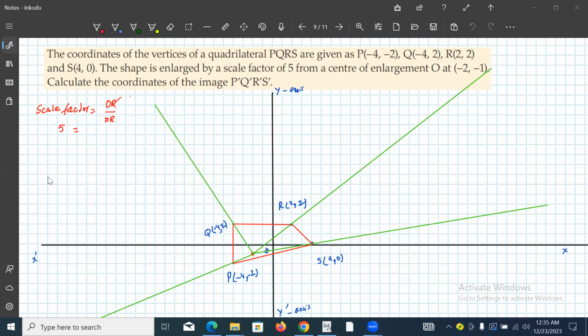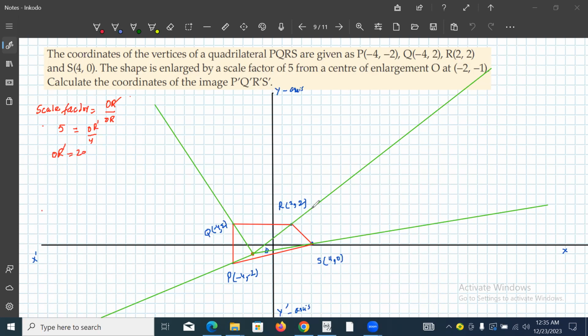Now we are looking at OR dash. I need to know how many boxes from O to R. If you check carefully, it is 1, 2, 3, 4. So OR dash over 4 means OR dash equals 20. We have to count 20 to see where it comes. Already we have 4: 1, 2, 3, 4.